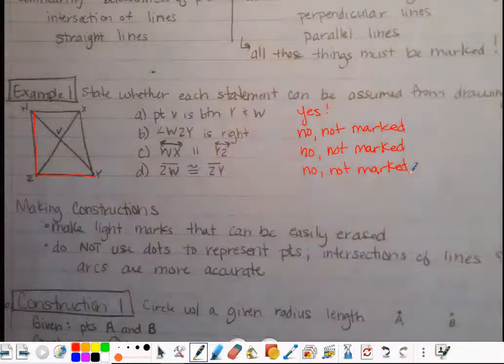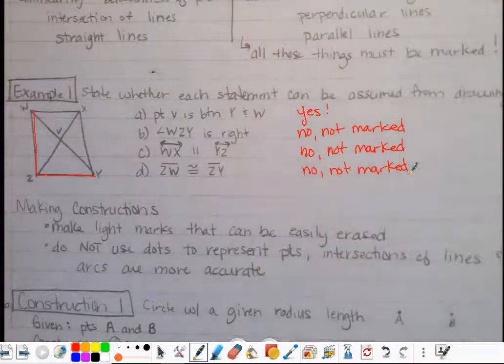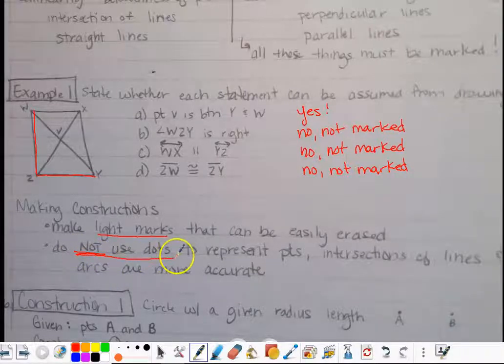All right, so then it says making constructions. It's going to be helpful if you make light marks when we're drawing, that can be easily erased. So you're not going to want to use a pen. You're going to want to push very faintly to make your marks. Do not use dots to represent points.